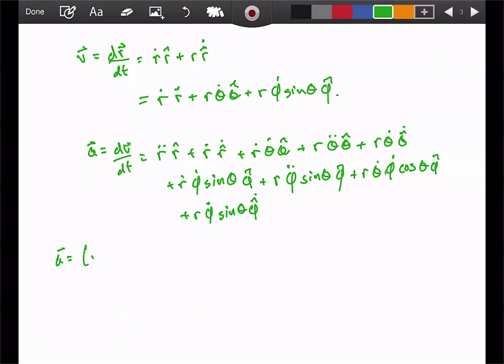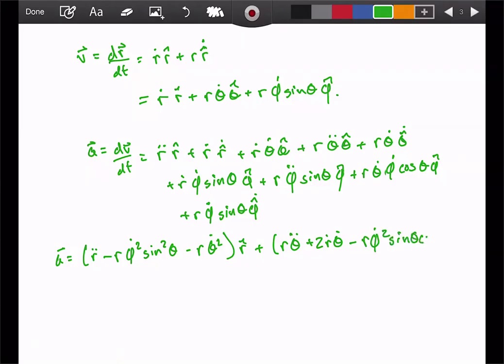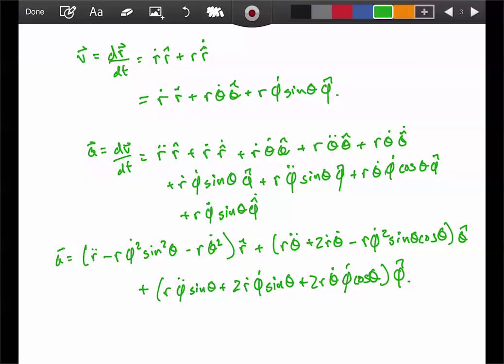An r double dot minus r phi dot squared sine squared of theta minus r theta dot squared in the r hat direction, plus r theta double dot plus 2r dot theta dot minus r phi dot squared sine theta cosine theta in the theta hat direction, plus r phi double dot sine theta plus 2r dot phi dot sine theta plus 2r theta dot phi dot cosine of theta in the phi hat direction.